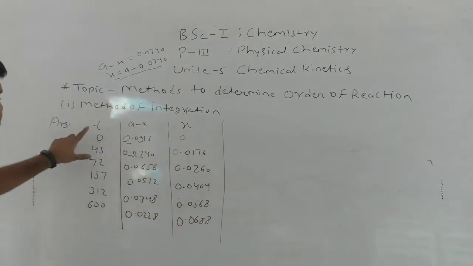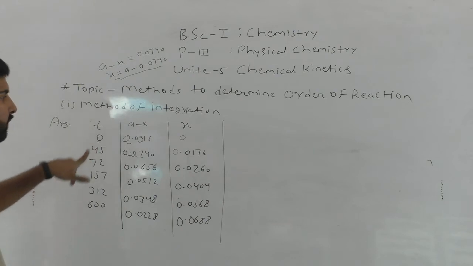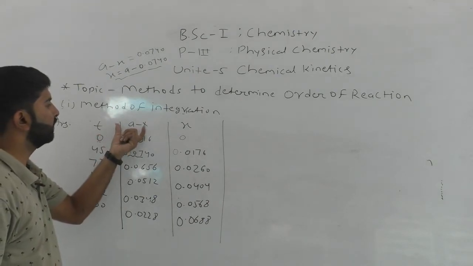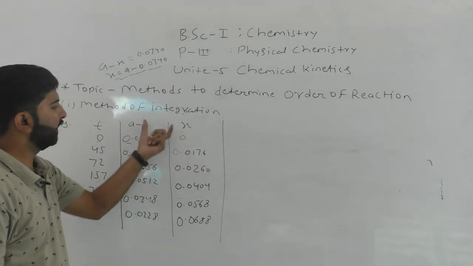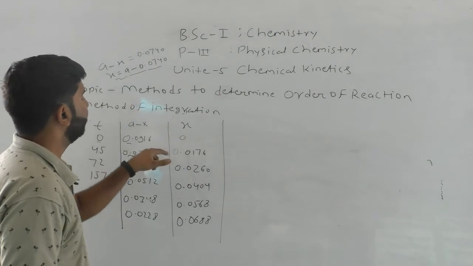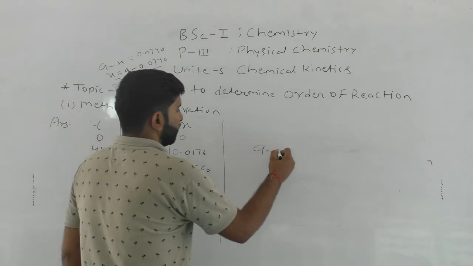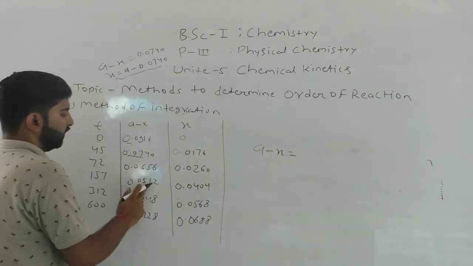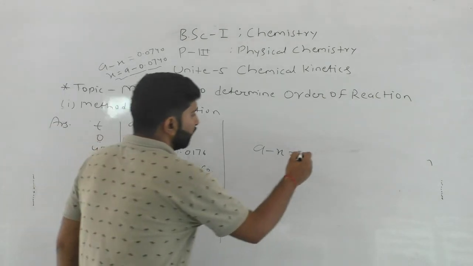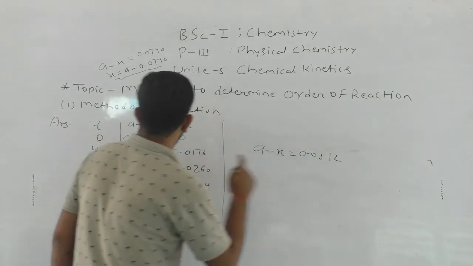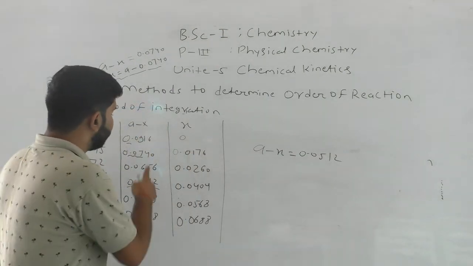So first we write the values of time, then we write the unreacted amount or remaining concentration, which is A minus x, then we calculate the value of x. The value of x is calculated as follows. Since A minus x equals, for this we take this data 0.0512, because these are the A minus x values. So we can put anything from this table.